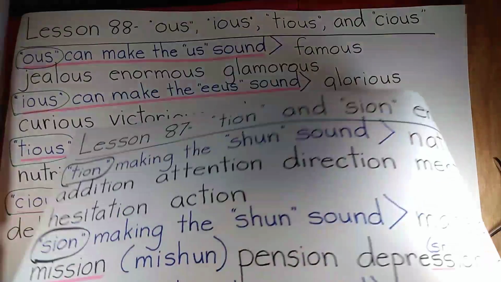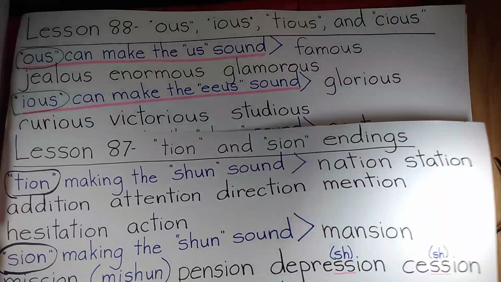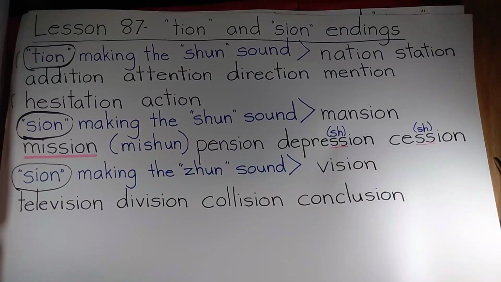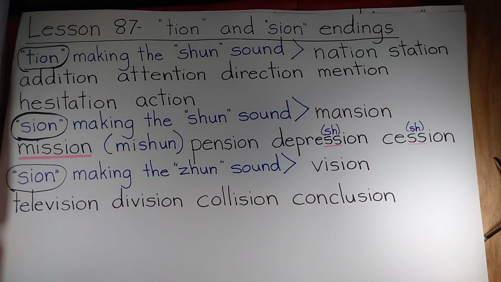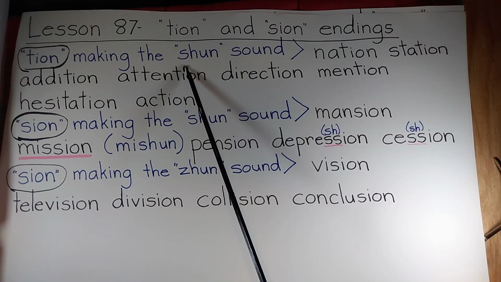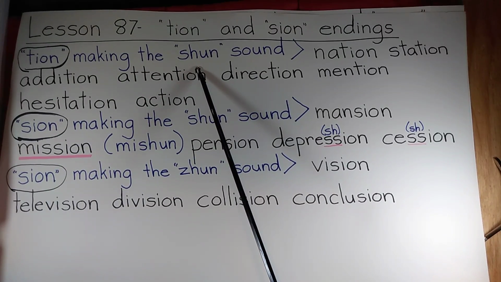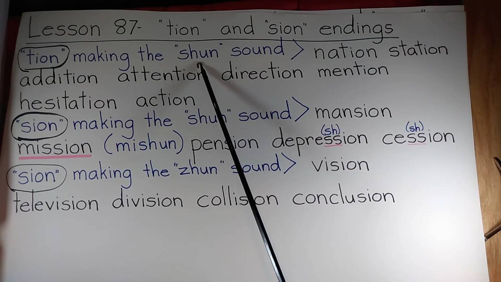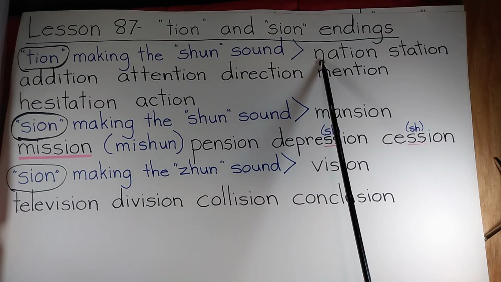Now we'll review, beginning with lesson 87 and TION and SION words. TION at the end of words, or wherever they are in words, usually sounds like shun. Students, say these before I do.